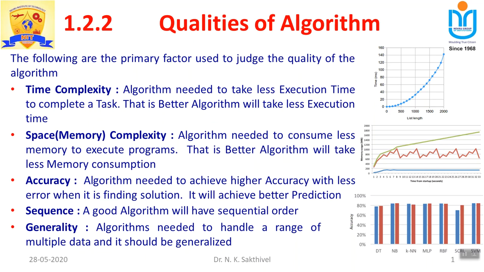See this example. Just for understanding purposes, I have taken this diagram. Here we have different list lengths, and as the data length increases, the time taken by your algorithm also increases. Initially it is 0 milliseconds, nothing wrong in that.